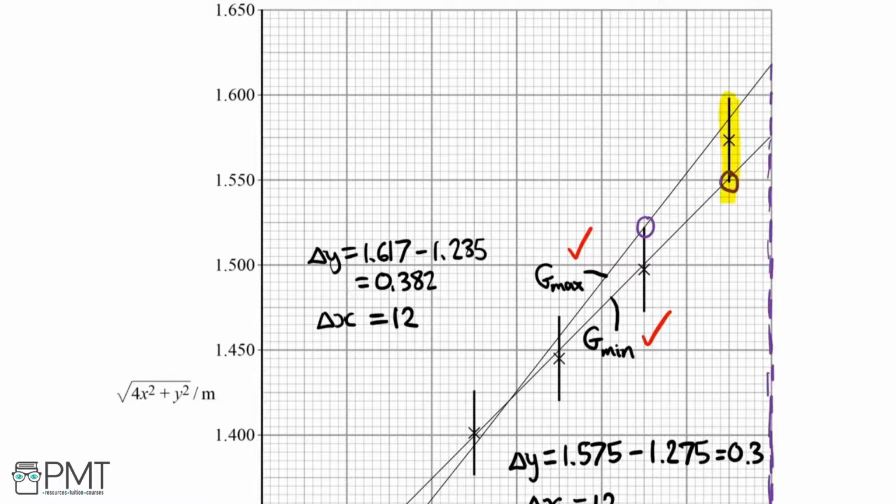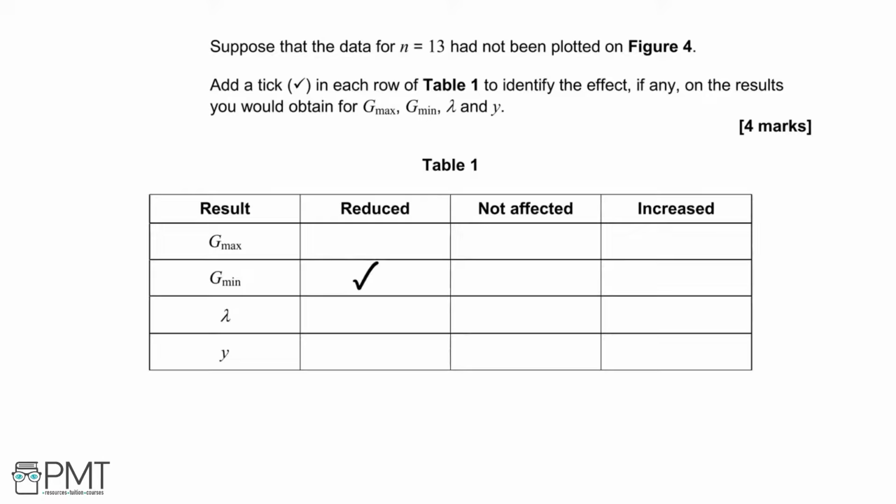So the gradient of Gmin would actually be reduced. We're doing this in a funny order, but that's okay. What you might have noticed from that point as well is that the line Gmax is not dependent on that error bar because it doesn't actually pass through the top of the error bar, so that would be unaffected as well.